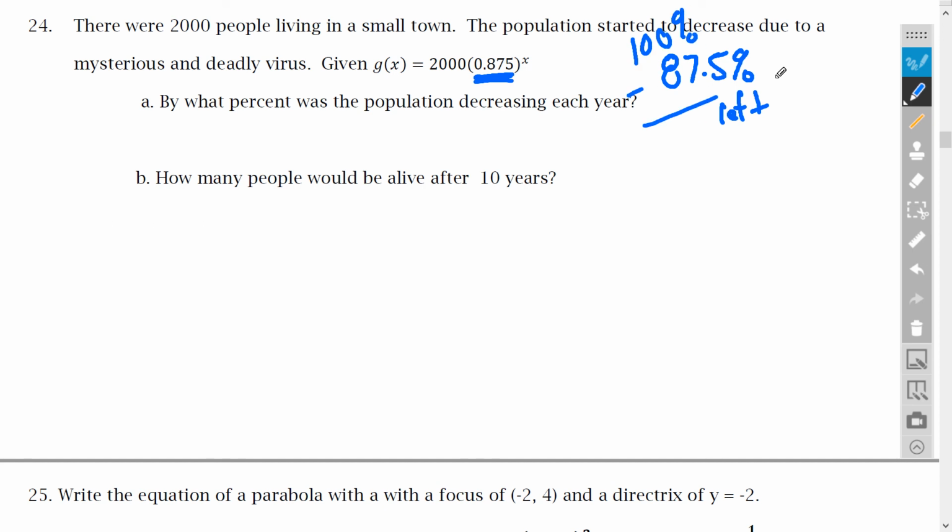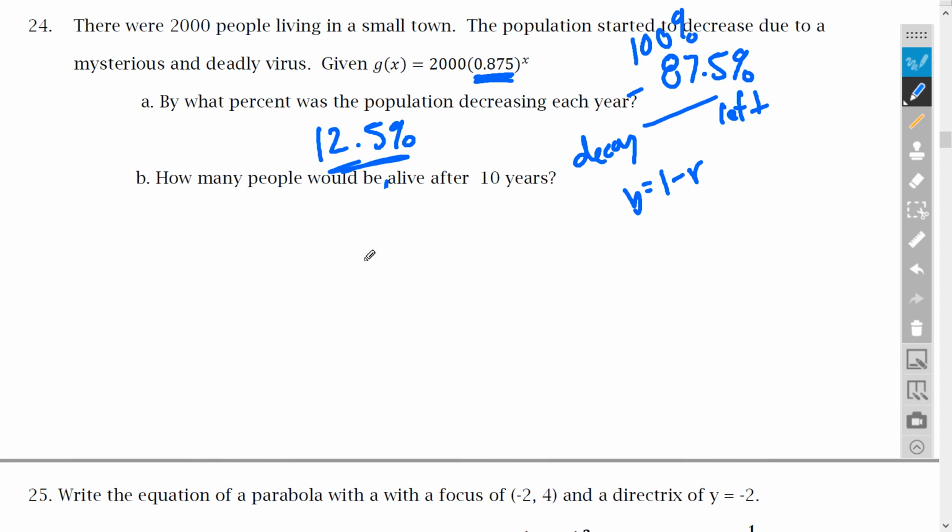So 100% minus 87.5%, so it's actually decreasing by 12.5% each year. Because remember, since this is decay, it's decreasing, then the factor here is equal to 1 minus the rate. So in order to get 0.875, you'd have to subtract 0.125 from 1.